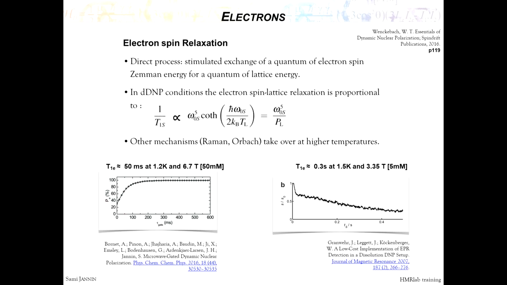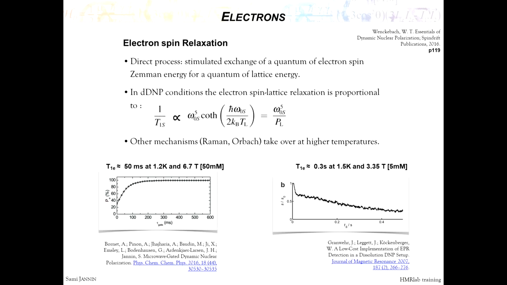Yeah. Diana? No vibration there. Yeah, I mean, 0 Kelvin is theoretically impossible, but that's probably the case. What is PL? I think this is the polarization of the electron.